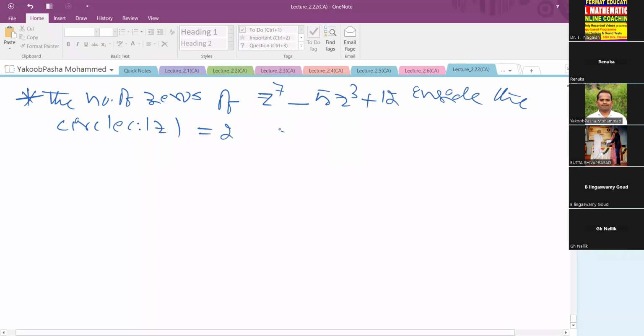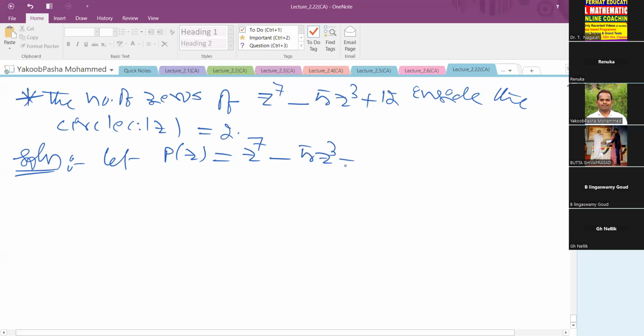First, we take the given function as p of z. P of z is equal to the given polynomial, that is z power 7 minus 5z cube plus 12.